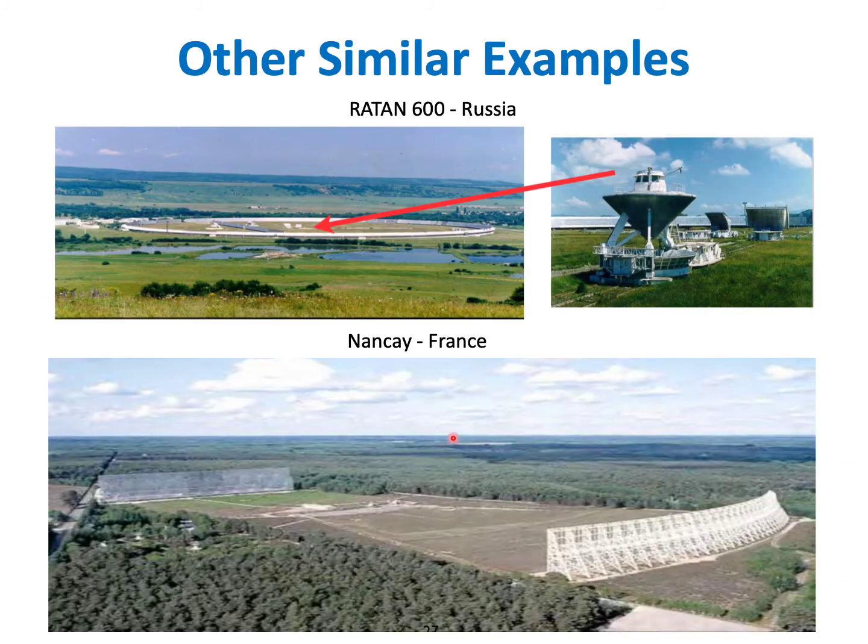Some other sort of novel examples, there's the RATAN-600 in Russia. So here you have, if you can see this sort of white circle around this field, this is pretty much the rim of, you can think of this as the rim of a parabolic dish. So what this does is it focuses light towards the center of the field.